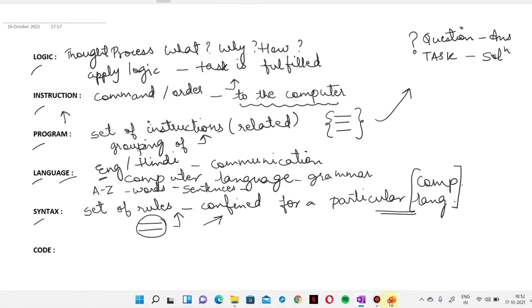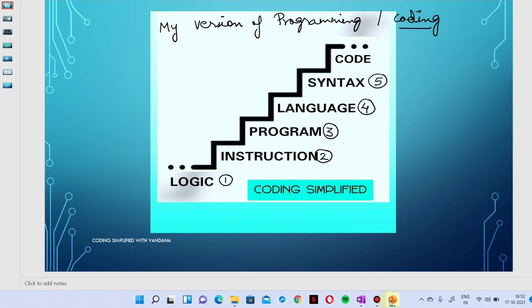Next important thing, once you have followed all these steps: depending on the question, you know what logic you have to perform. Then you know how the instructions are to be given, and which instructions are to be given. Then you collect these instructions together and you form a program. The program has to be written in a particular language. After writing the program in a particular language, you finally reach your syntax, because the language follows the syntax, the way of writing.